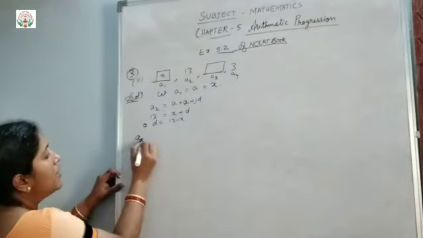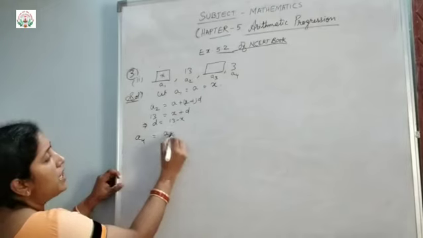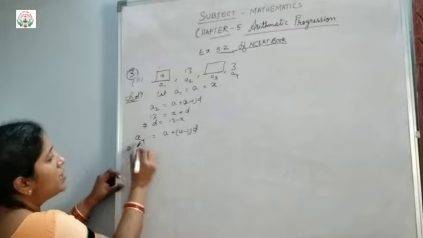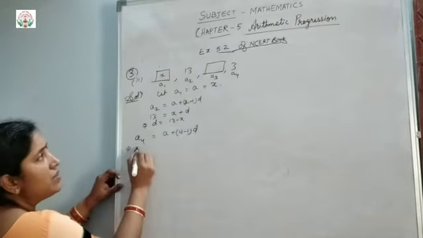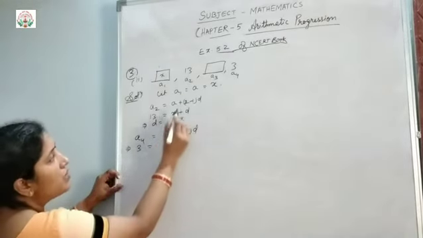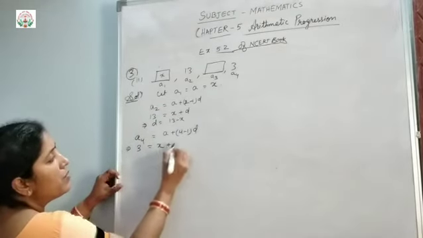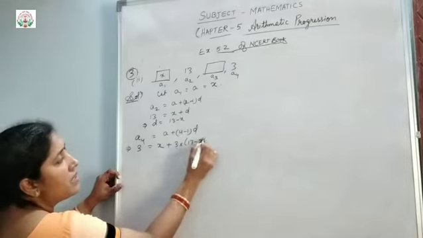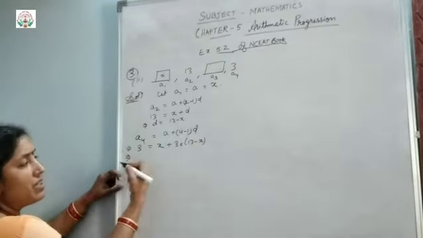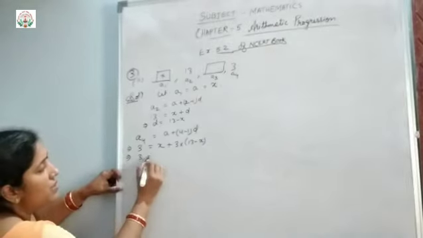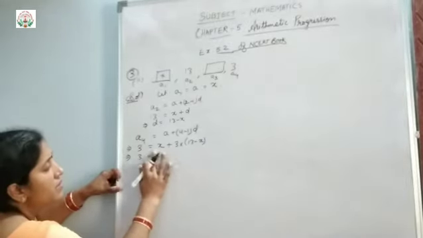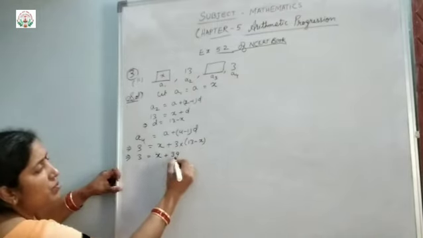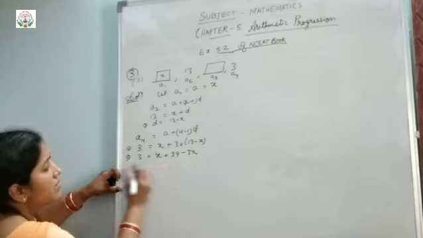So A4 equals A plus 4 minus 1 into D. The value of A4 is 3, so 3 equals X plus 3 into D, that is 13 minus X. Now simplify and get the value of X. 3 equals X plus 39, since 13 into 3 is 39, minus 3X.